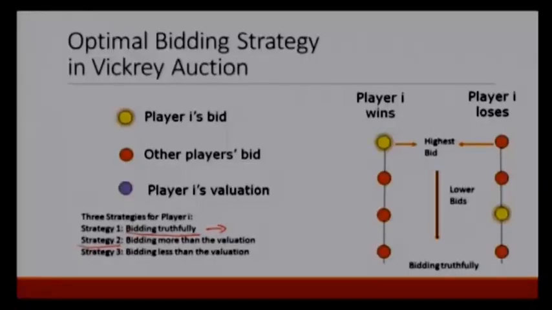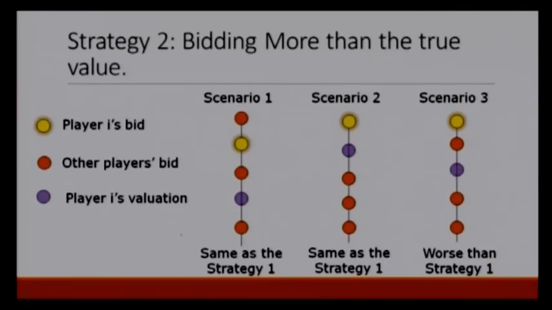If his bid is highest, it means his valuation is also highest, because we are doing this not only for player i, but for all the players. So, everyone is bidding truthfully. Then player i wins only if his valuation is the highest, otherwise he loses.